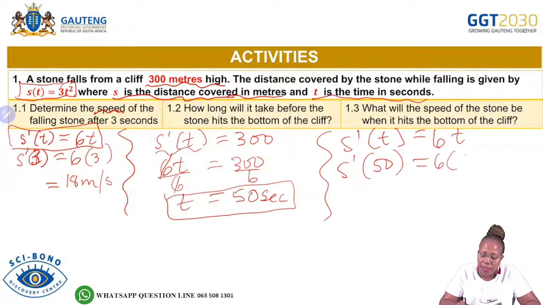That means it will be 6 times 50. That will be how much now? The speed of this stone when it hits the ground, how much will the speed be now? That is 6 times 50, that is 300 meters per second. Okay.